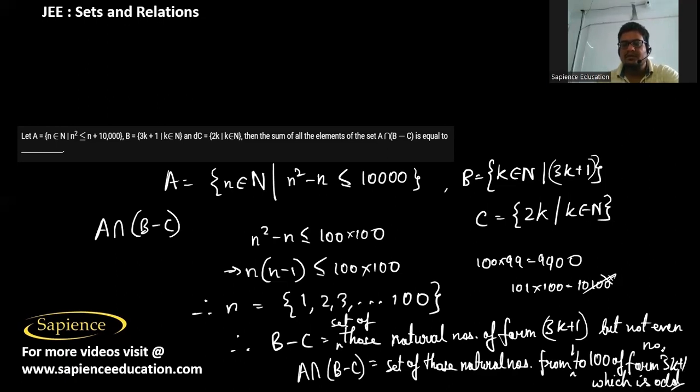It means we have to find those odd numbers of the form 3k plus 1 from 1 to 100. That will be the elements in the set A intersection (B minus C).